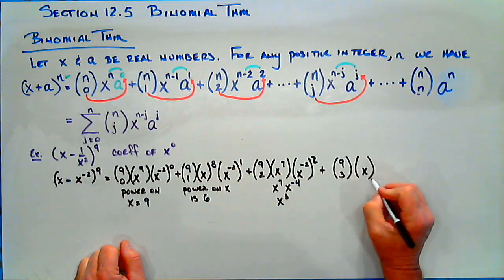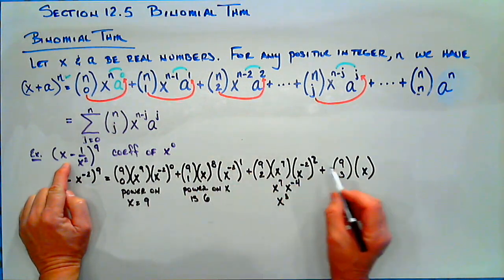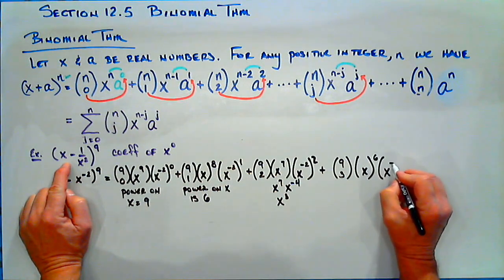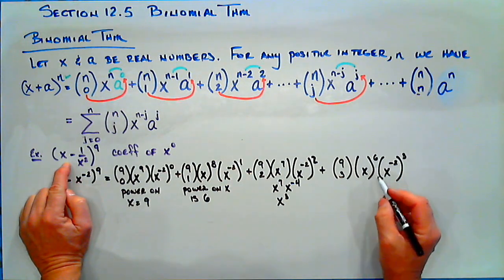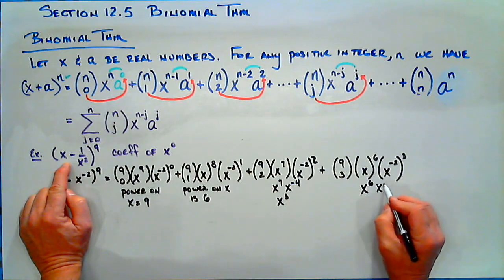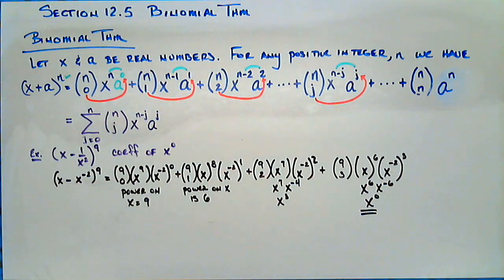This x, we go down, 9, 8, 7. This is going to be 6. It's going to be x to the negative 2 cubed. So that's going to be x to the 6th. That's going to be x to the negative 6. That's going to be our x to the 0. This is the term we want.